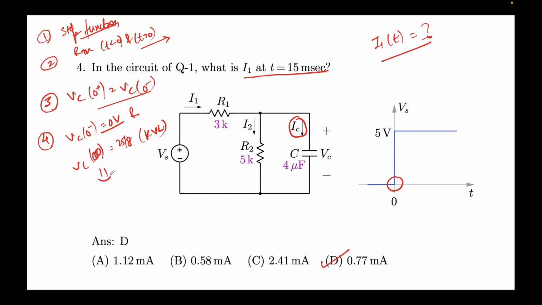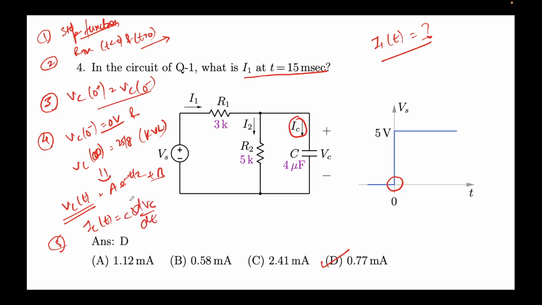Using this information, we could populate VC for t, which is a e to the power minus t by tau plus b, this format. We found the value of a and b, and once we know VC, then we can get IC as C dVC over dt.